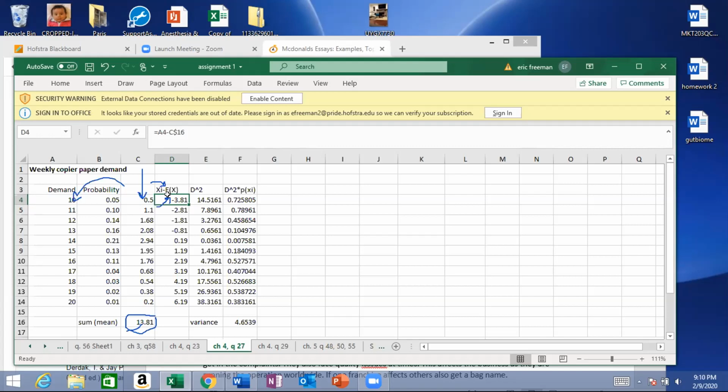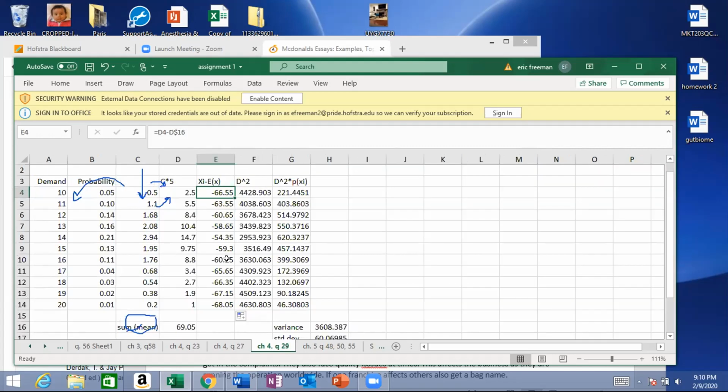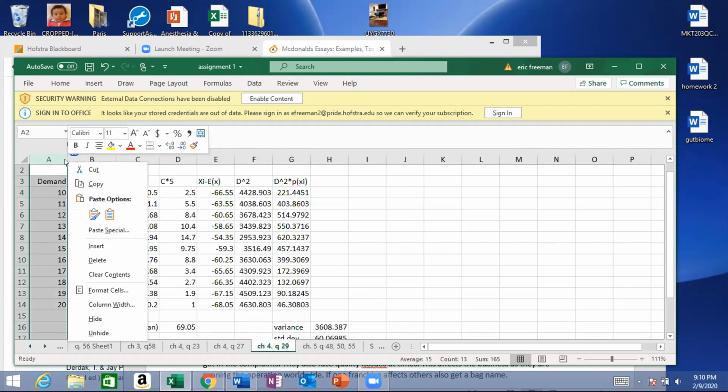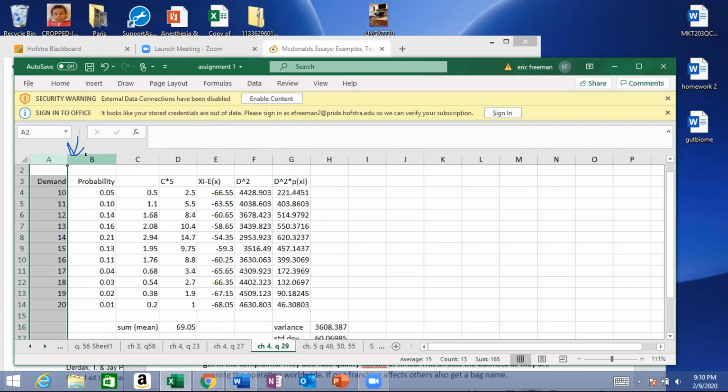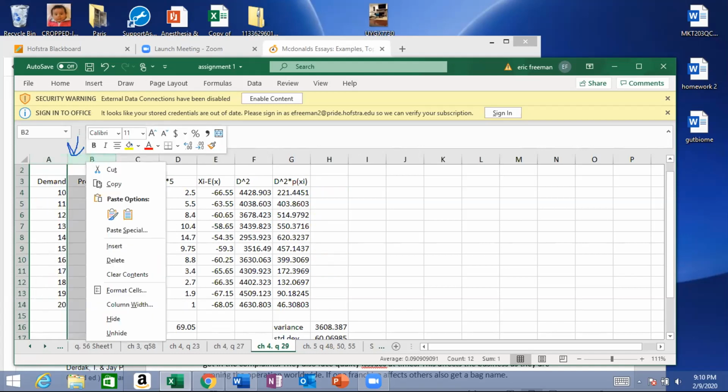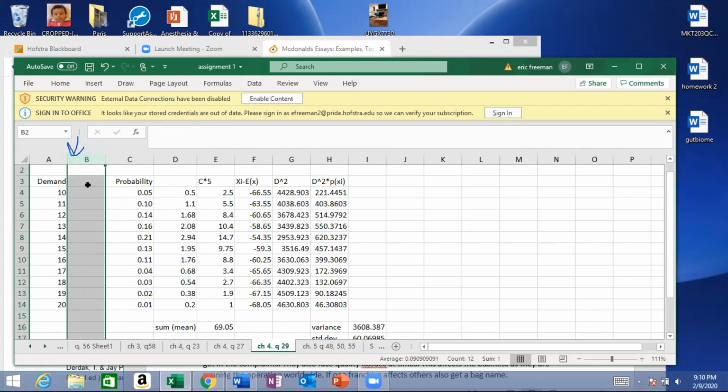Let's do that. Let's go back to your other spreadsheet. What I want to do is insert a column between A and B. Click on B and click Insert. Now I'd like you to take the demand and multiply it by 5.